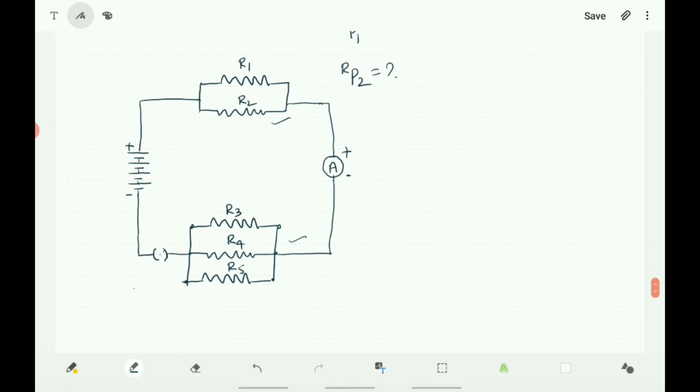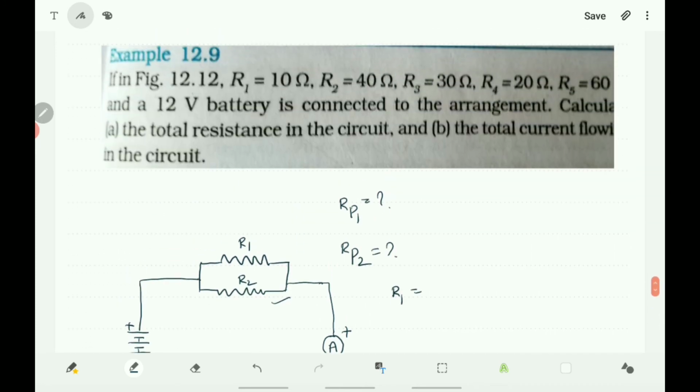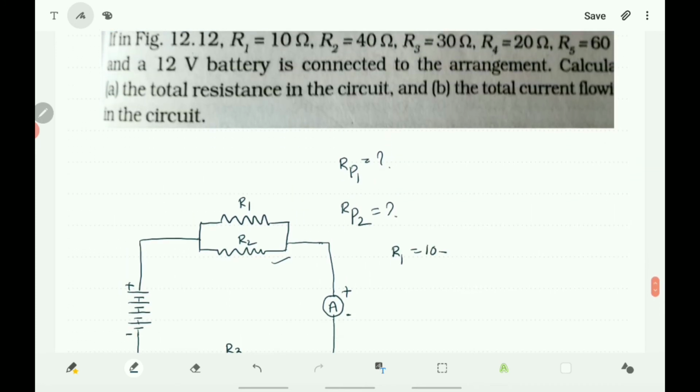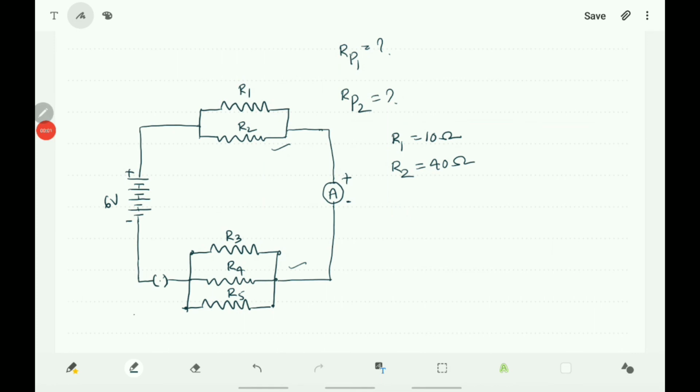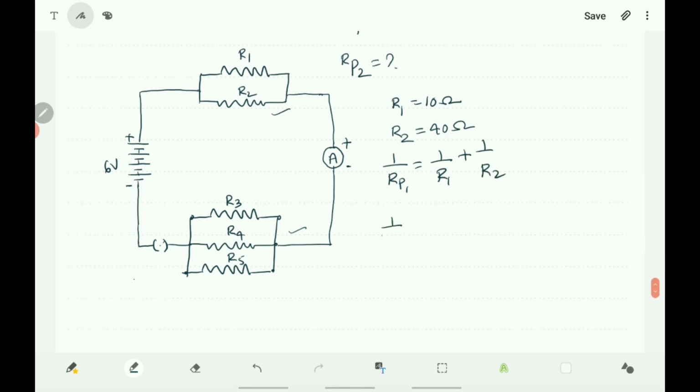To find Rp1, you write R1 is equal to 10 ohm, R2 is equal to 40 ohm. As it is a parallel combination, 1 by Rp1 is equal to 1 by R1 plus 1 by R2. That is 1 by Rp1 is equal to 1 by 10 plus 1 by 40.